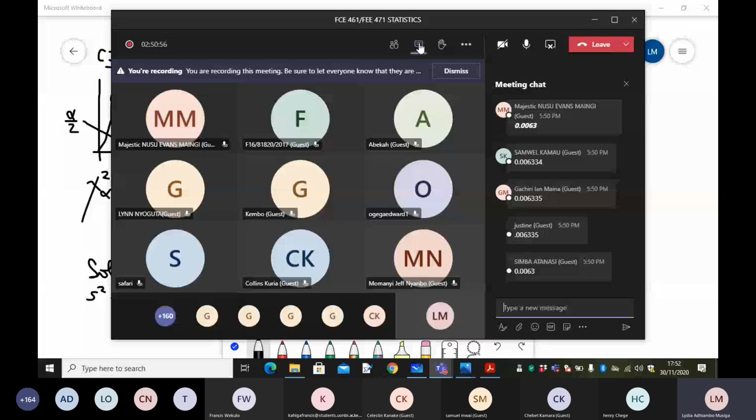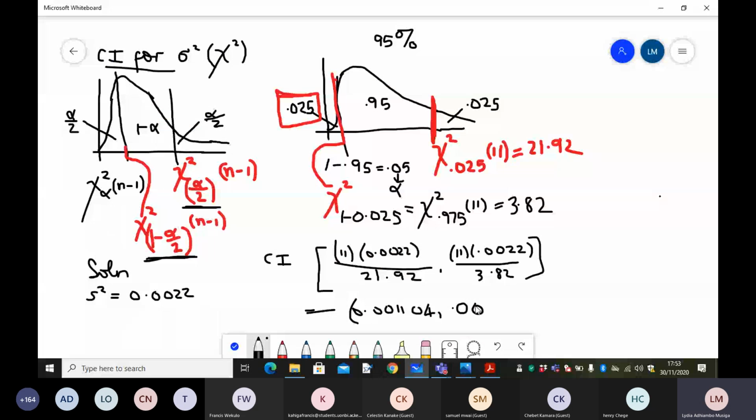Hey, you guys are fast. I can see also Majestic, Samuel Kamau, Gashiri, Justin, Simba, Stephanie. It is 0.00633, yeah. Yes, Lawrence, 0.00633.